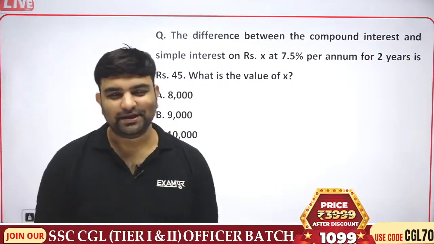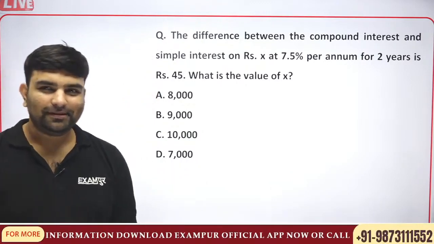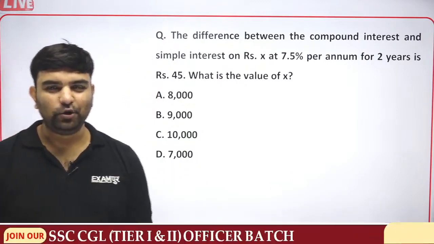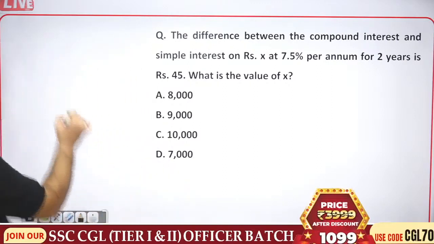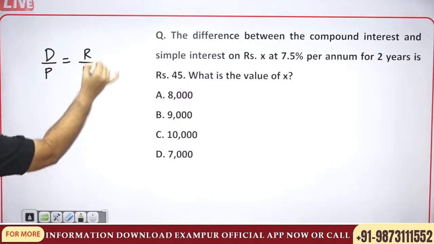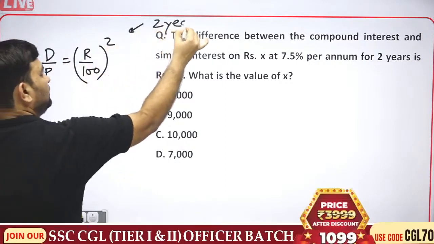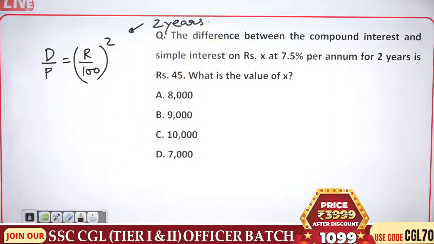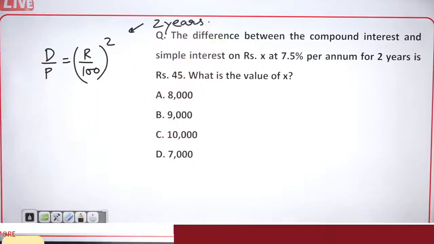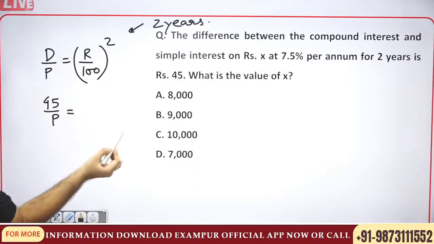Difference between SI and CI for 2 years is P times (R over 100) whole square. Difference is 45. Principal they are asking. Rate is 7.5.